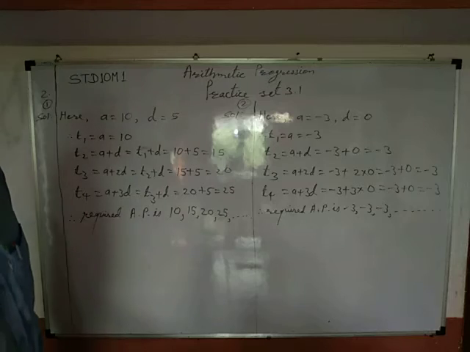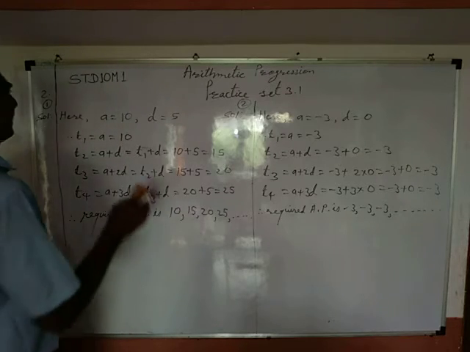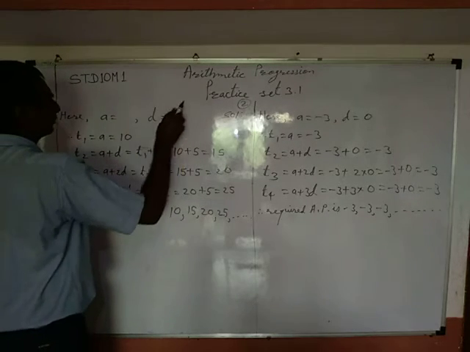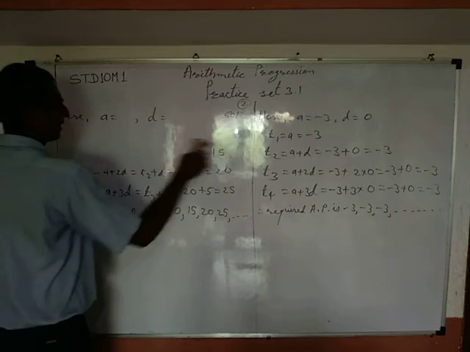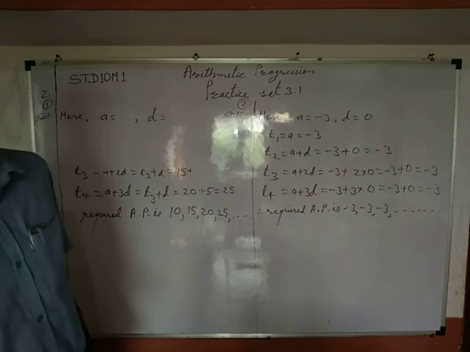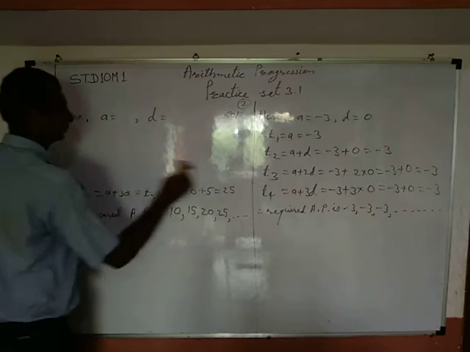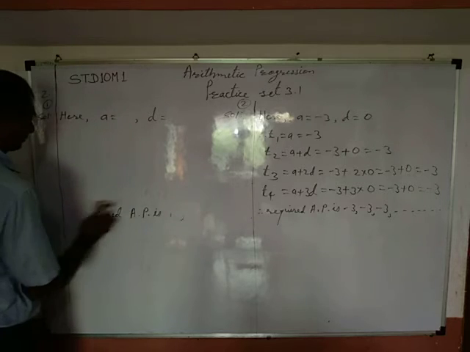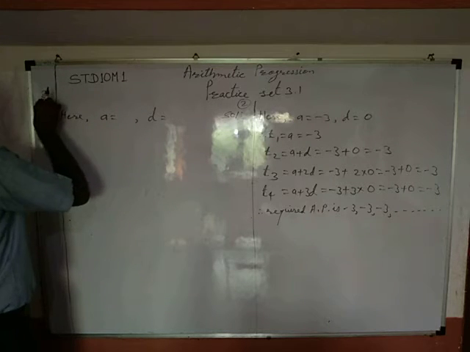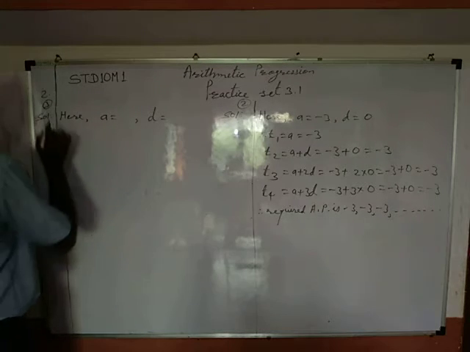Next, number 3, A is -7 and D is 1/2. Question third, solution.